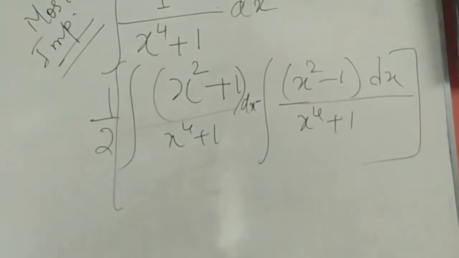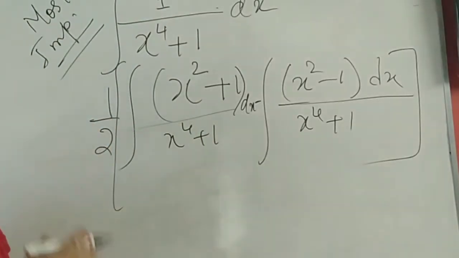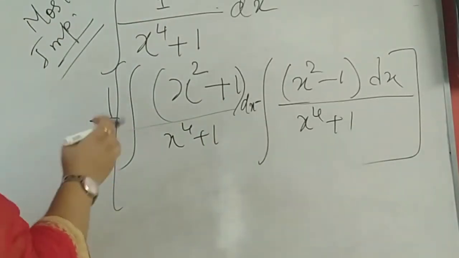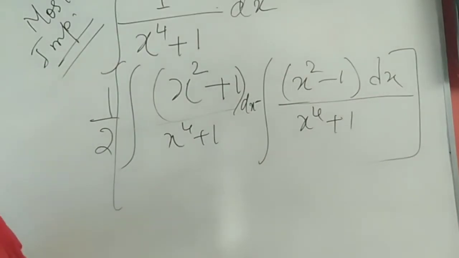Now students, I want to bring your attention to a very important technique, method you would say, which can be used not only in this problem but also in other substitution methods. See what I am going to do here. I am going to take out x square common from the numerator and x square common from the denominator.